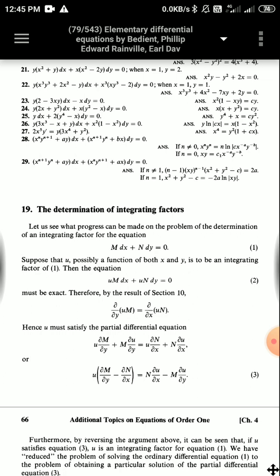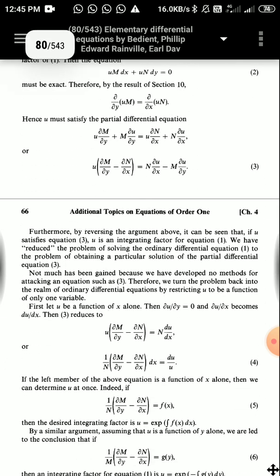Or we can write this differential equation like this: u into (∂M/∂y minus ∂N/∂x) is equal to N ∂u/∂x minus M ∂u/∂y. Furthermore, by reversing the arrangement above, it can be seen that if u satisfies equation 3, u is an integrating factor for equation 1.